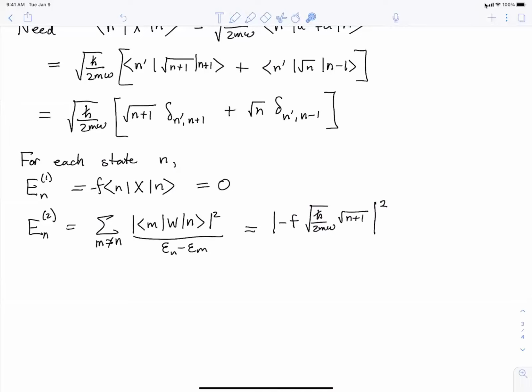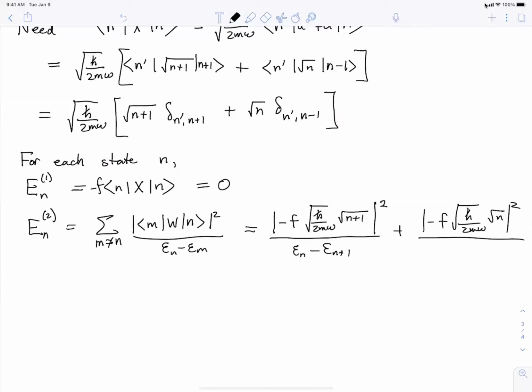All of that's coming from this term. Then we need to divide by the energy difference, which is E_n minus E_{n+1}. And then there's a term coming from this, which is going to be minus F square root of ħ over 2mω times square root of n, squared, all divided by E_n minus E_{n−1}.